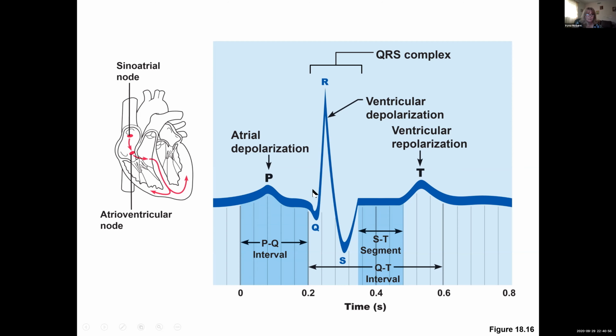It's not available information from EKG. There is a little wave, but it's not seen because of the QRS complex. So ventricular depolarization happens at the same time as atrial repolarization.